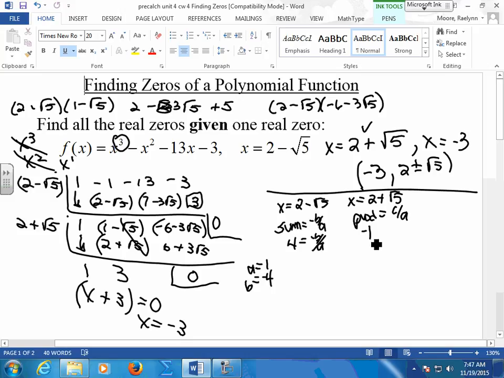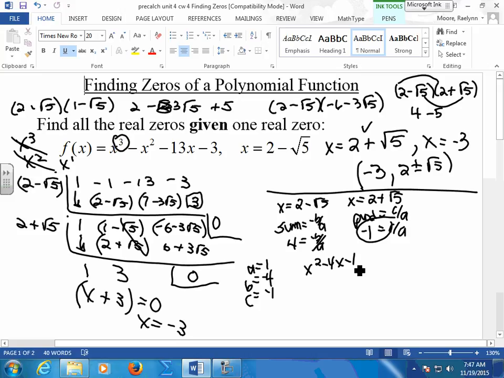Get a negative 1. These are your perfect squares. You should multiply your first terms, your last terms. Your middle terms cancel out. Okay? So what is C? So here's my quadratic. X squared minus 4x minus 1.